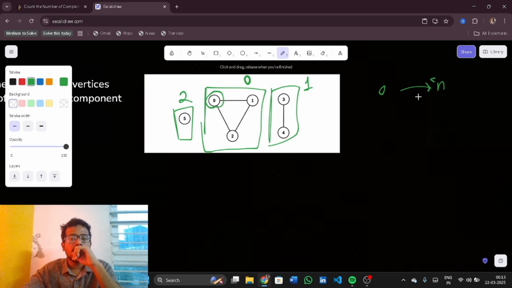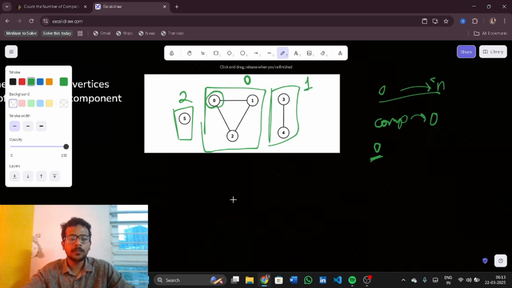Now I will go through 0 to lesser than n. So I am starting with 0 and naming my component. Till now my component is 0, right? Now I have gone through 0.